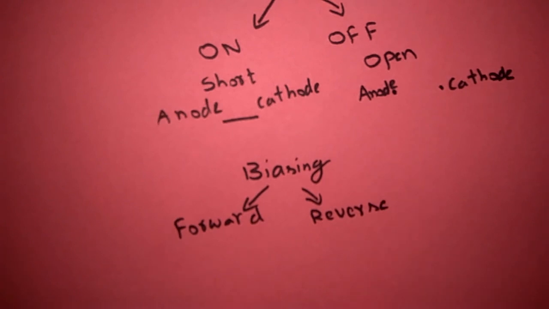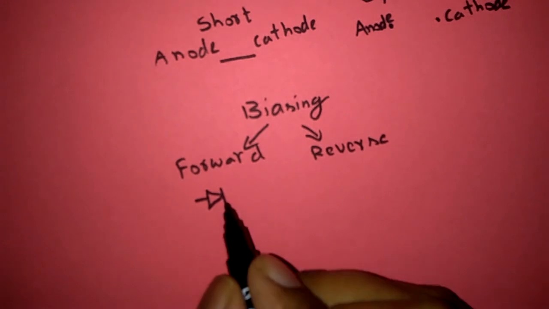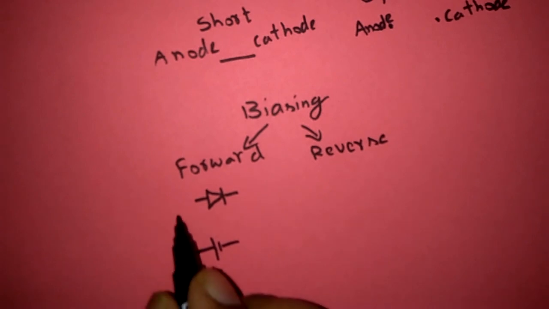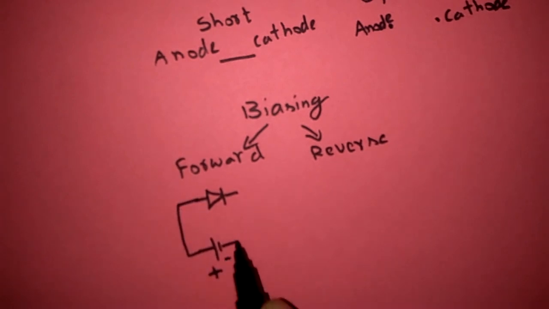According to the textbook definition, forward bias means, suppose there is a diode like this and a battery like this. If this positive terminal is connected to anode and this negative terminal is connected to cathode, then this procedure is called forward bias.